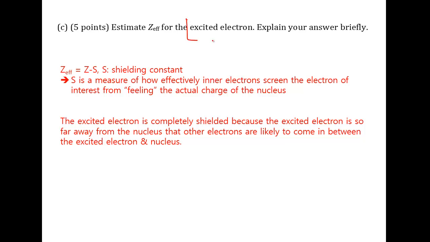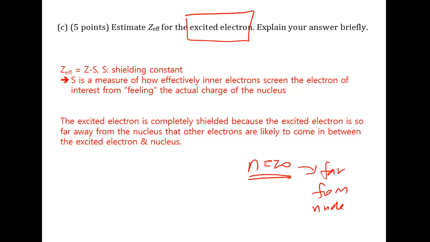And this excited electron is very far away from the nucleus. N equal 20 means that it's very far from the nucleus. If it's far from the nucleus, it means that other electrons are likely to come in between the excited electron and the nucleus, thus effectively shielding the excited electron from feeling the actual charge of the nucleus.